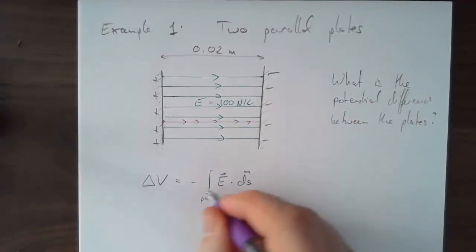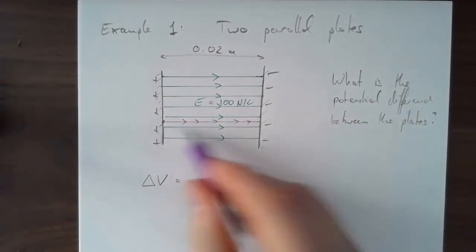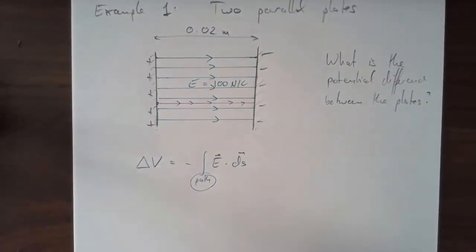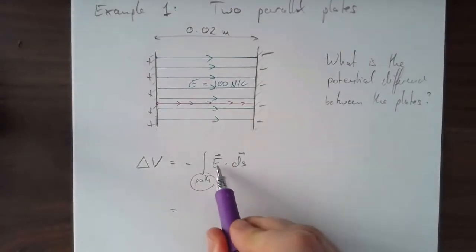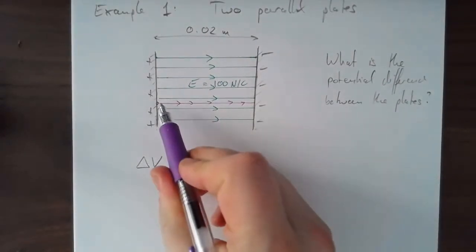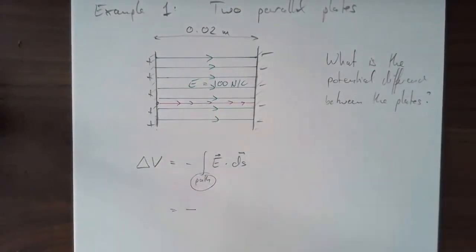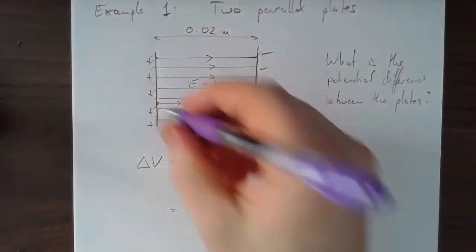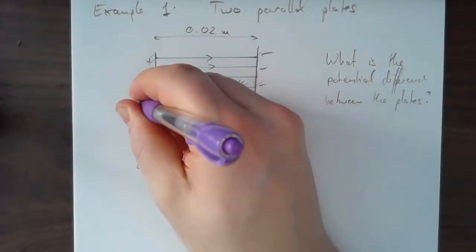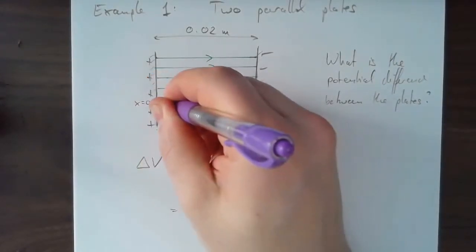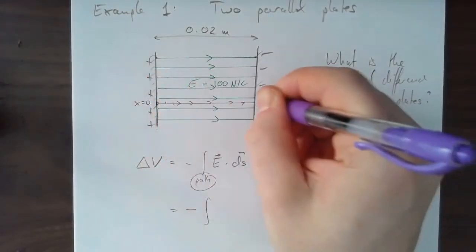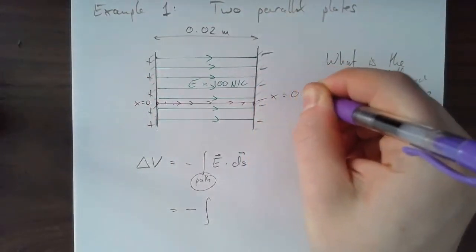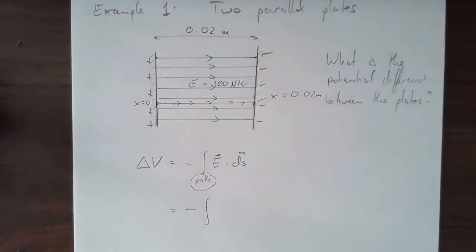Right. So I'm going to circle in purple because I do this in purple. Now let's write down what this is explicitly in terms of our chosen path. Well, minus is minus. Now my integration variable, well, I could just label this point x equals 0. And then this x equals something. Here it would be x equals 0.02 meters. Right?